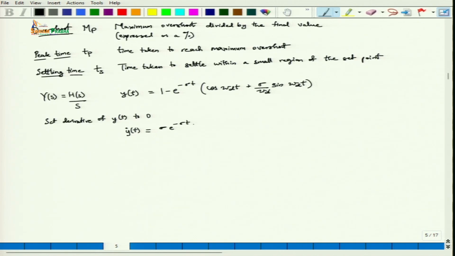First we will differentiate e to the power negative sigma t, we will get this particular expression.